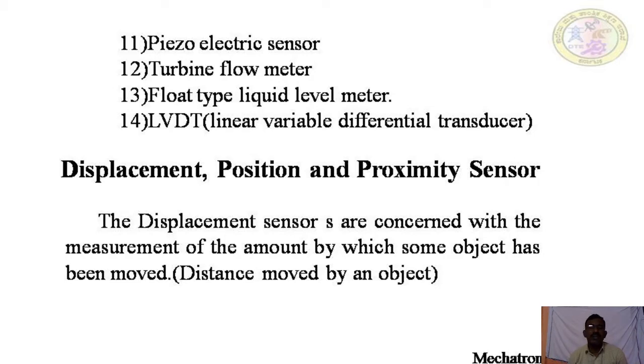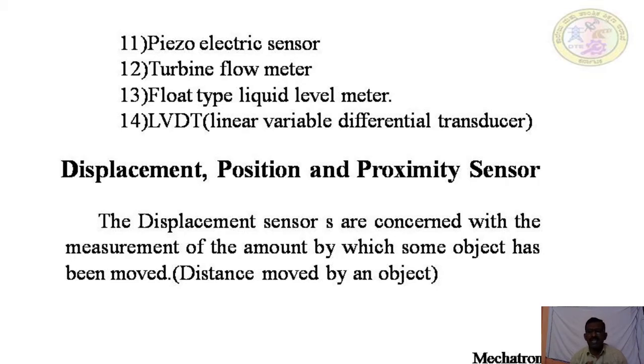It means that in order to determine the distance moved by an object with reference to a fixed point or any predetermined point can be measured by using a displacement sensor.